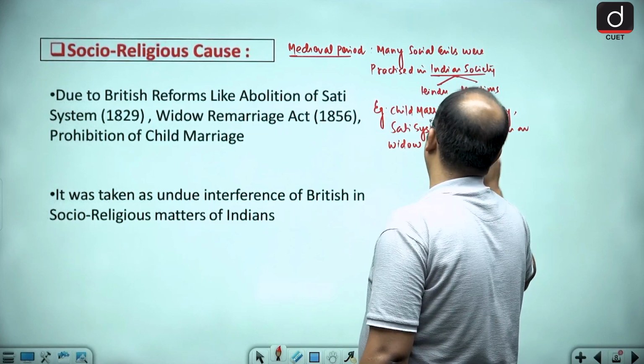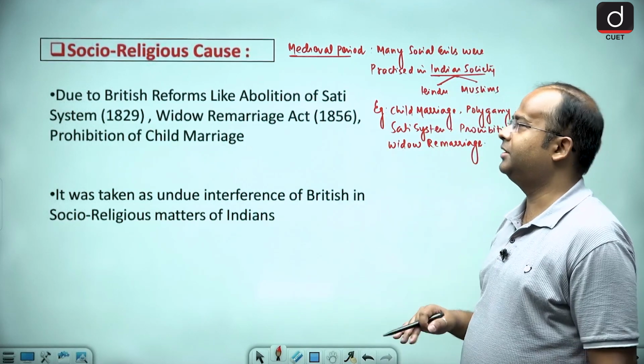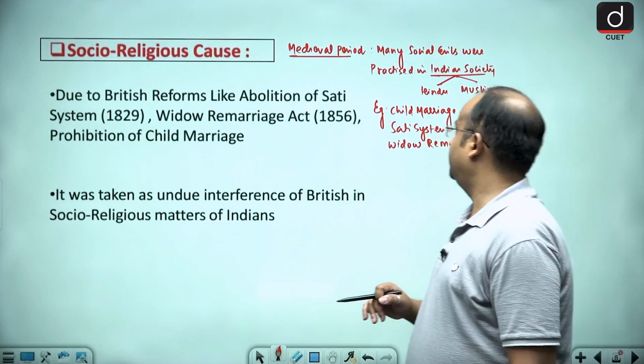So these types of social evils were very much practiced in Indian society.